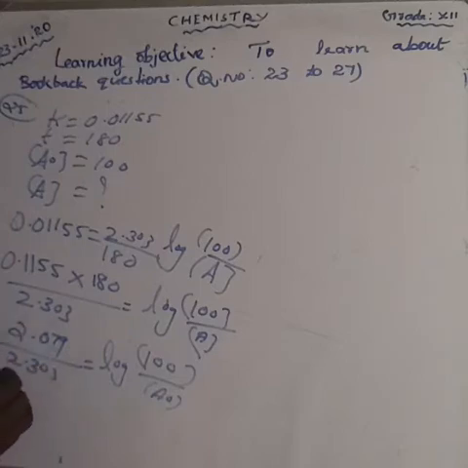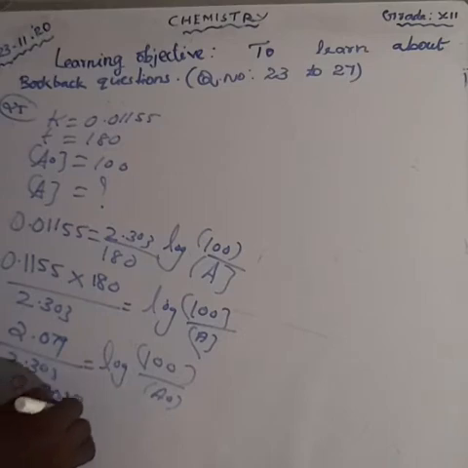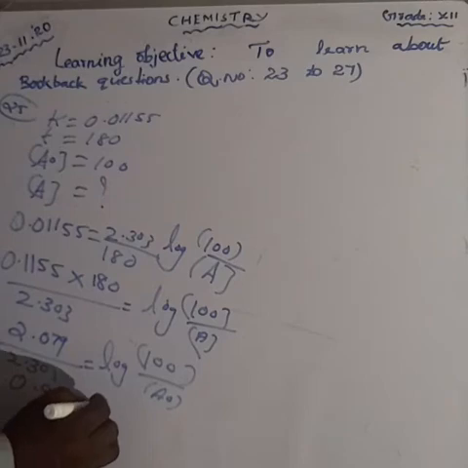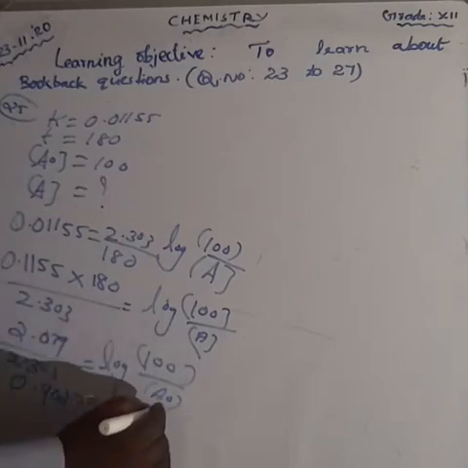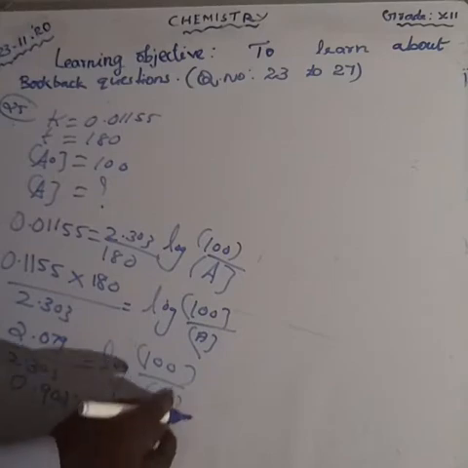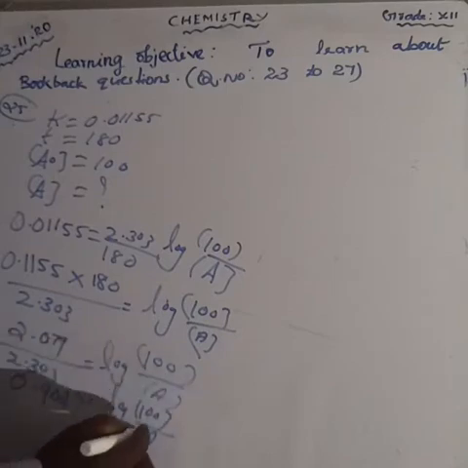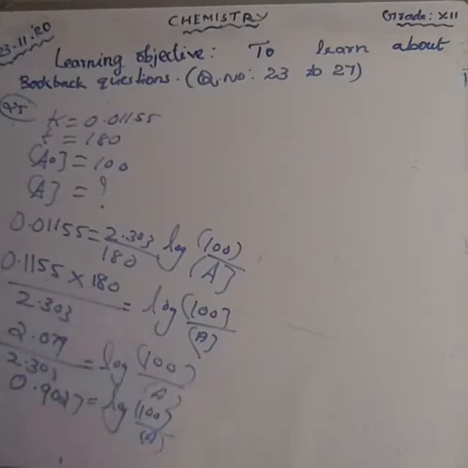The answer is almost equal to 0.9027, which is equal to log 100 divided by A.